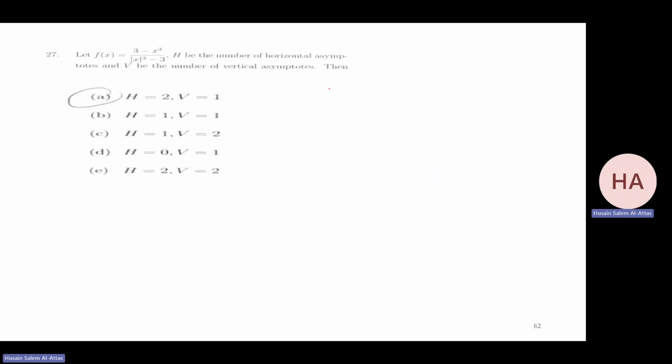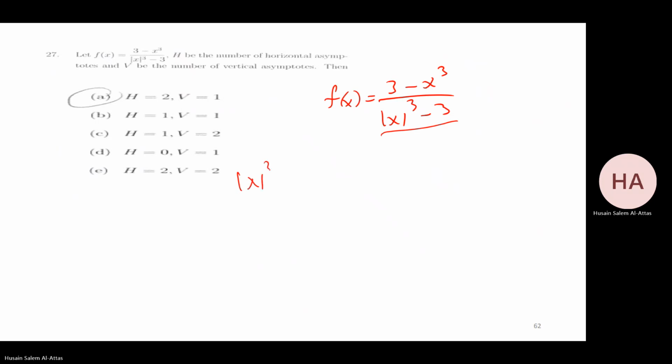Okay, so I have f of x. Let me rewrite it: 3 minus x cubed over the absolute value of x cubed minus 3. Vertical asymptotes will come from where? From the zeros of this. That means the absolute value of x cubed equals 3. So that means the absolute value of x equals the cube root of 3.